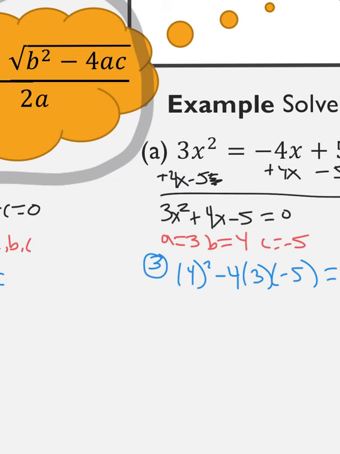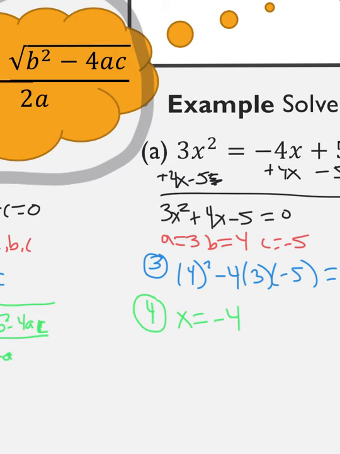Okay, so then our next step is to plug it into quadratic formula. So we have x equals negative b plus or minus the square root of b squared minus 4ac all over 2a. Here we know we have x equals, our opposite of b would be negative 4.